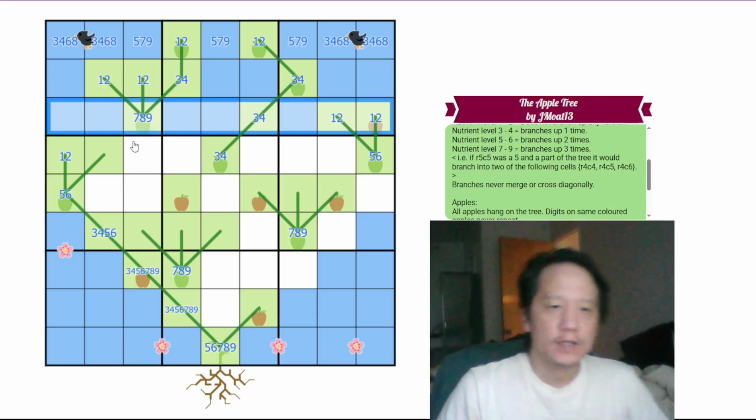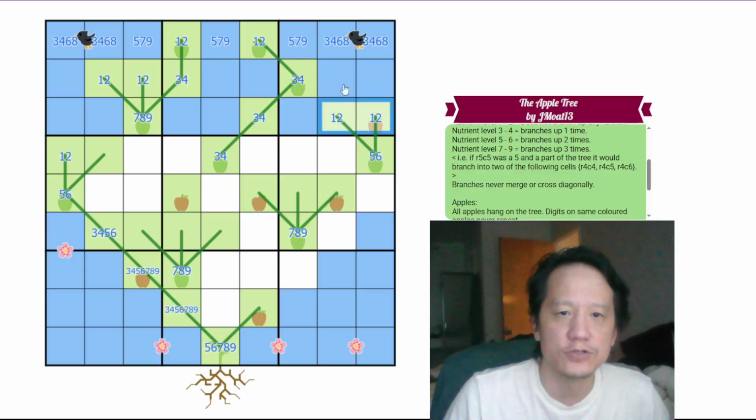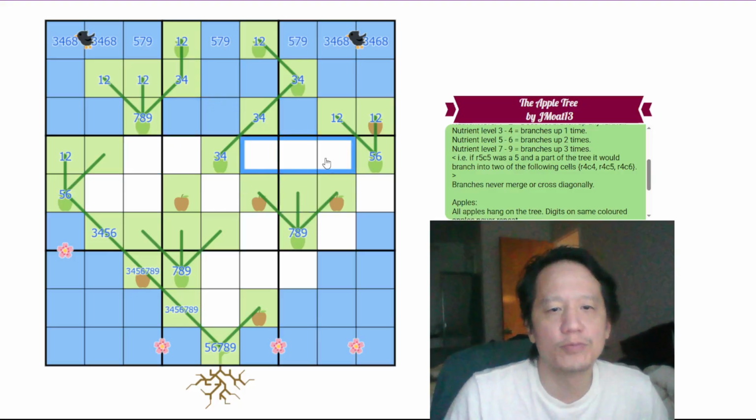Right? This cannot branch up, so this cannot be, and it cannot be 1 or 2. These are already stuck at 1 or 2 because neither of them could branch up. So none of these could branch up, period, because there's no other space that they can branch up to. So they cannot be branches. We could have one more branch here.